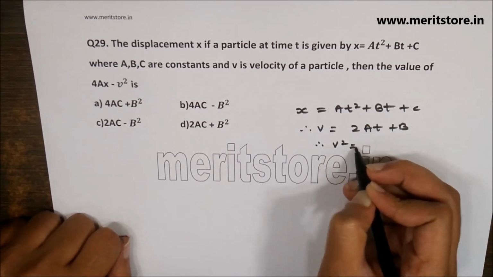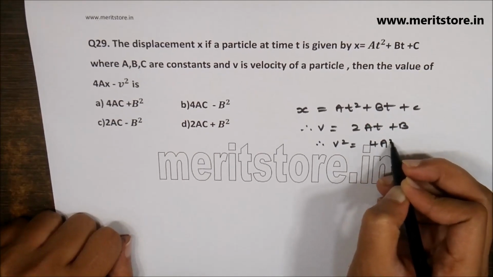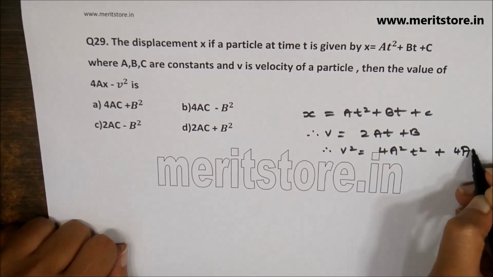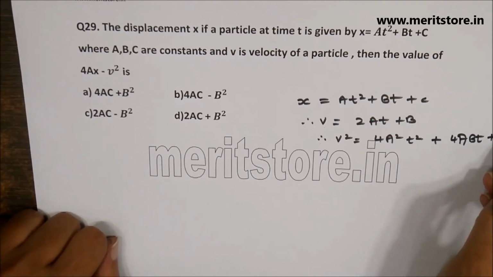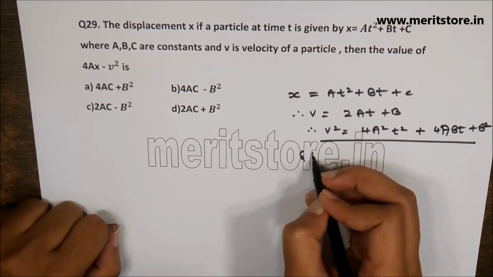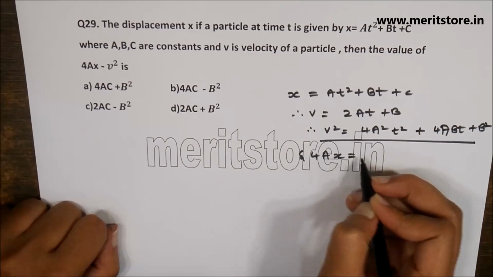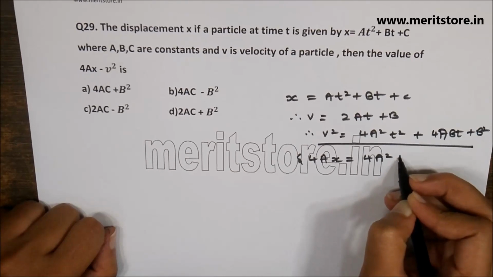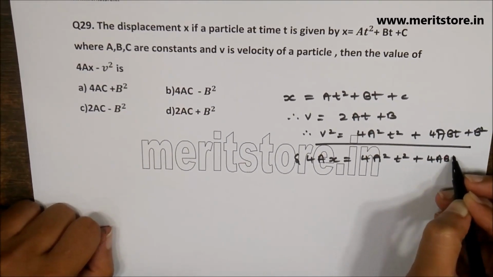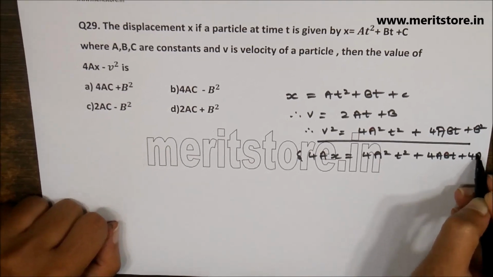Therefore, v square is equal to 4a square t square plus 4abt plus b square, and 4ax is equal to 4a square t square plus 4abt plus 4ac.